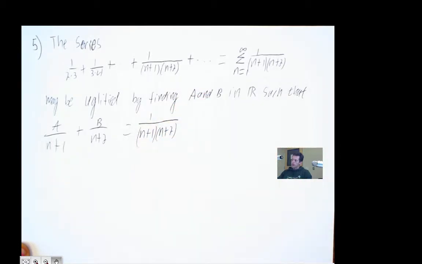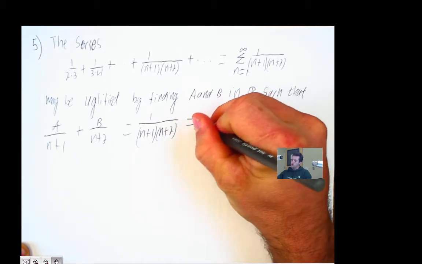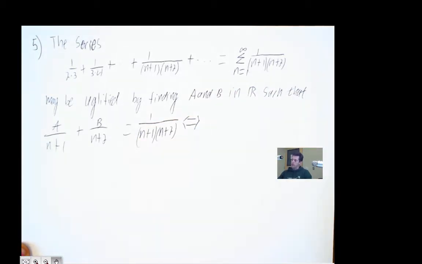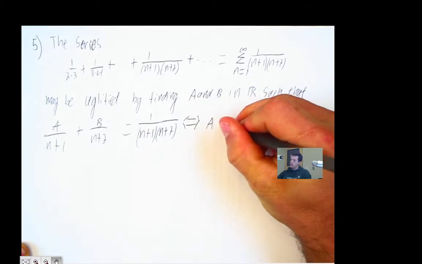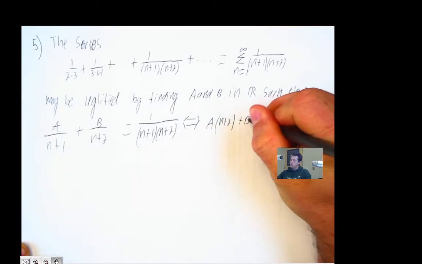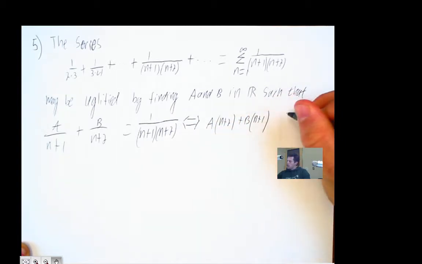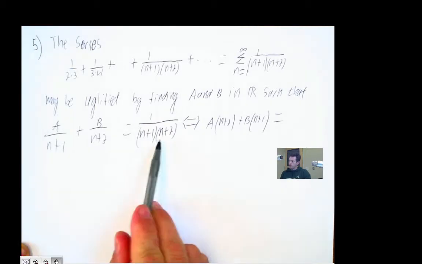Okay, now that equation, for all positive values of n, when the denominator is not 0, just says that A times n plus 2 plus B times n plus 1 equals 1. The idea is to multiply all of the terms by the denominator.